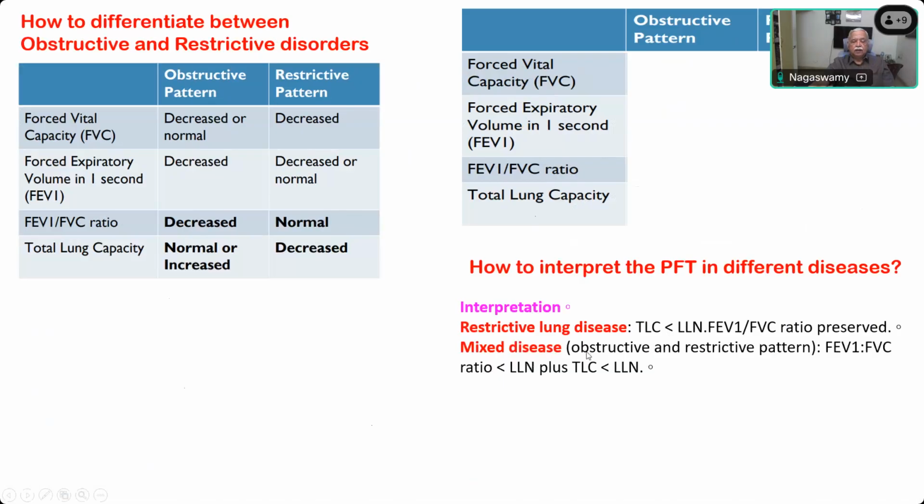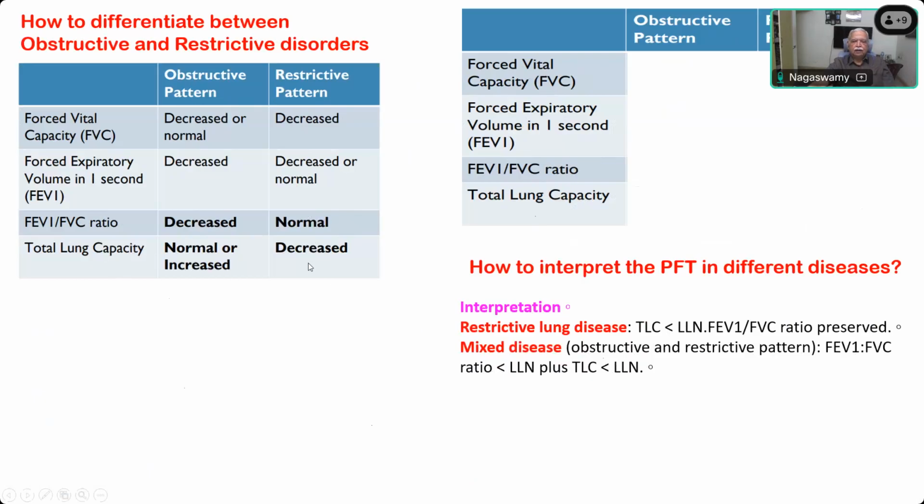Then there is a mixed disease, obstructive and restrictive pattern. That is the one which may sometimes be confusing, where you will have the FEV1 to FVC ratio lower than the normal limit, plus TLC is also on the lower side. So if that is the case, it may be a combination of both.